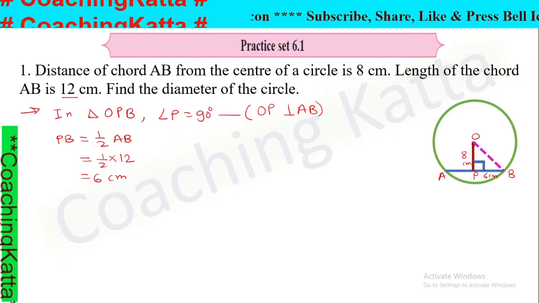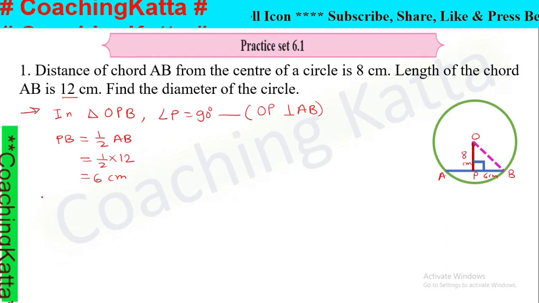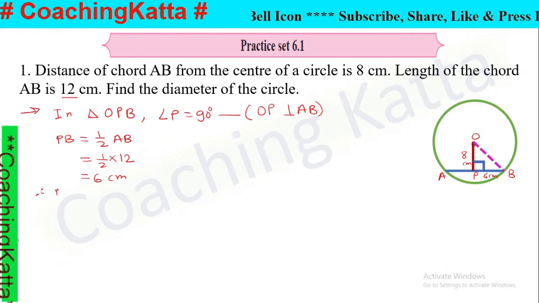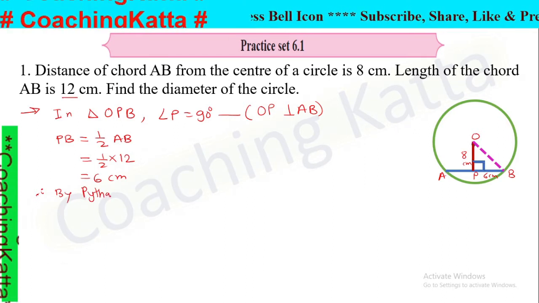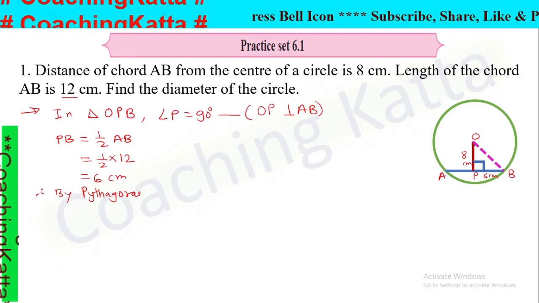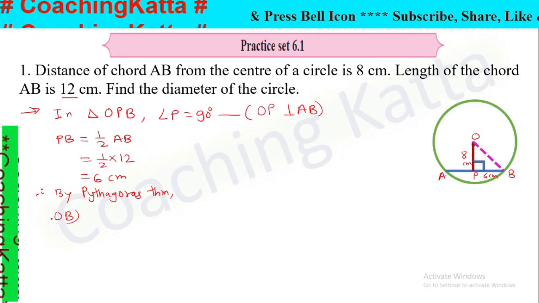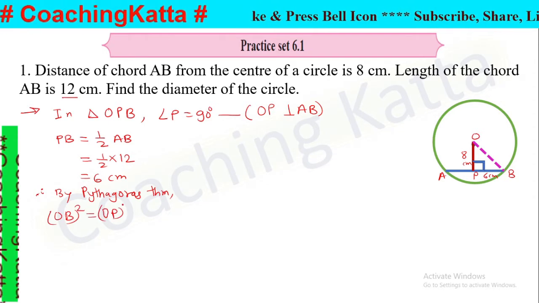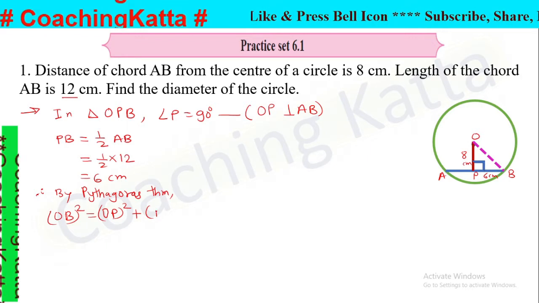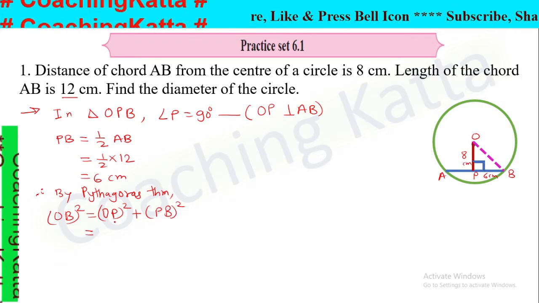So in triangle OPB, apply the theorem of Pythagoras. Therefore, by Pythagoras theorem, OB square equal to OP square plus PB square, and put the values.